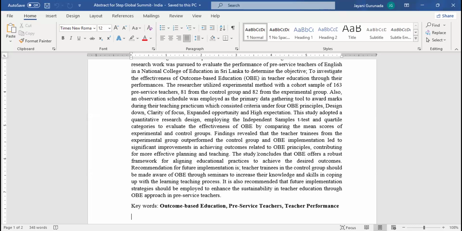After that, you can write about your research design, data gathering tools, data collection tools. Then data analytical method. Before that, you have to write the objective. So after the objective, first you give the introduction, then you give the gap.